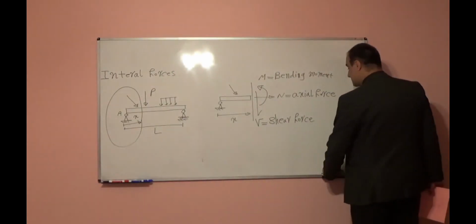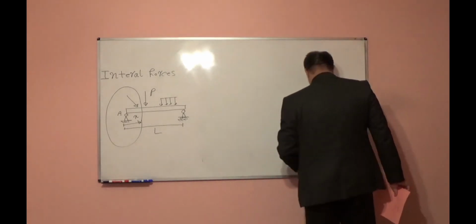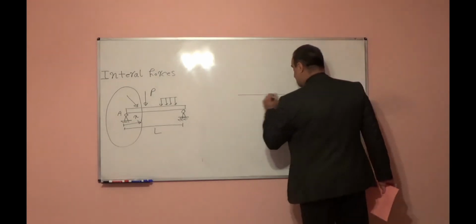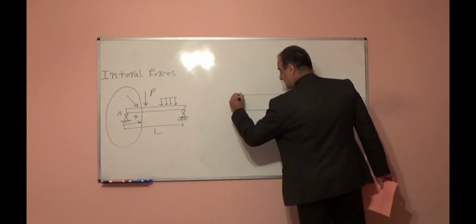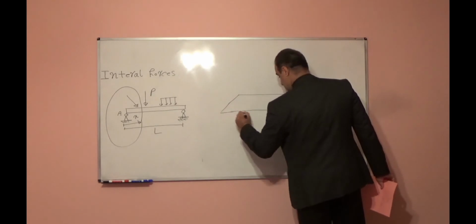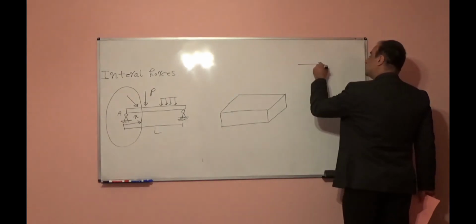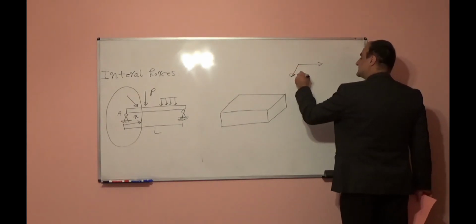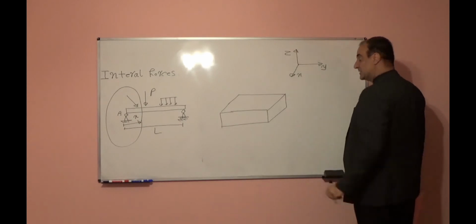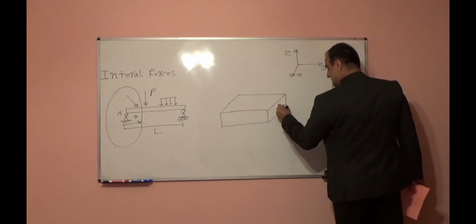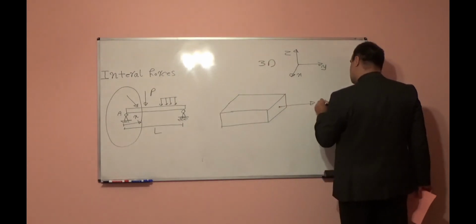But if the structural member is in 3D space, in that case, if I cut the beam, assume this is my cut point, and in 3 dimensions I have x direction, y direction, z direction. Internal forces in 3D space will be one axial force.